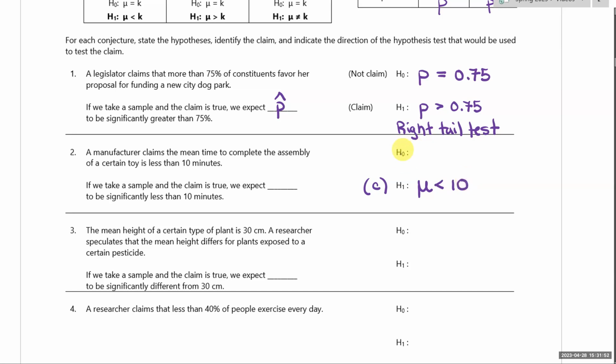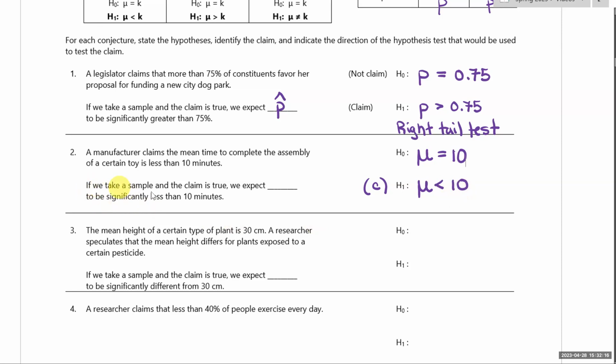So the null hypothesis, H naught, it's always the same symbol for their mu, it's always equal, and then it's always that same number that was in the claim. So the way it works is we're going to say the mean is 10 minutes, and they're going to have to get some data for us to convince us that the mean is really under 10 minutes.